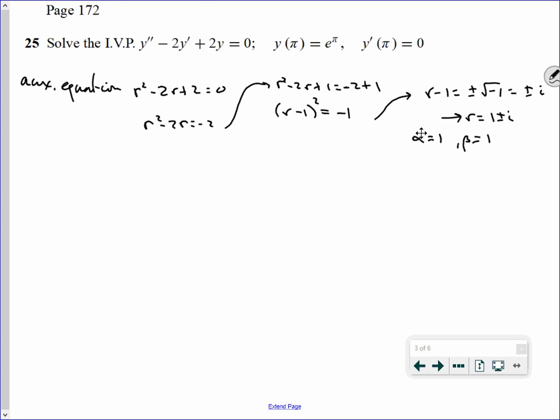So the general solution is y equals c1 e to the 1t cosine 1t plus c2 e to the 1t sine 1t.